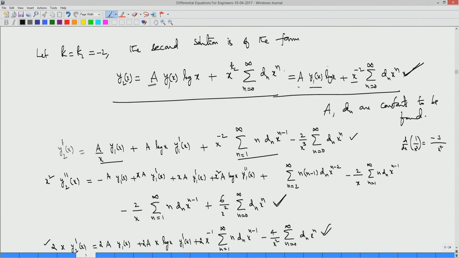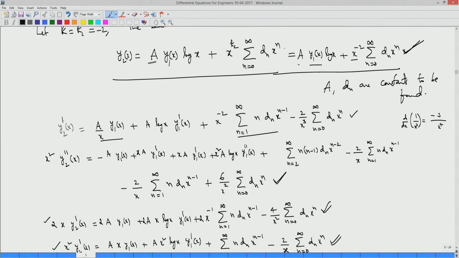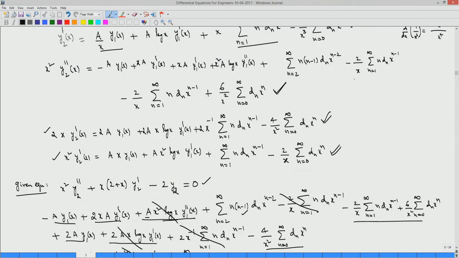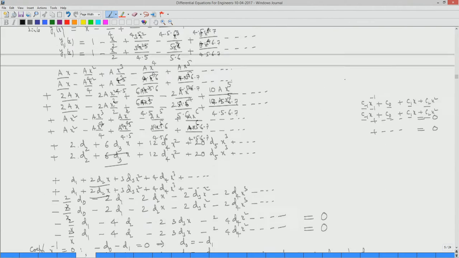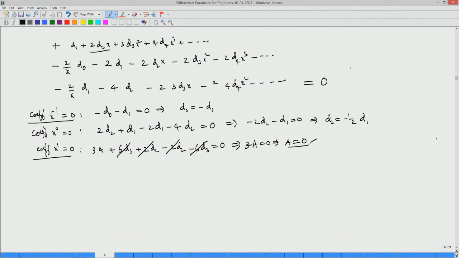Okay. So, d naught is arbitrary. You are not able to get it, right. So, d1 is given in terms of d naught, d2.